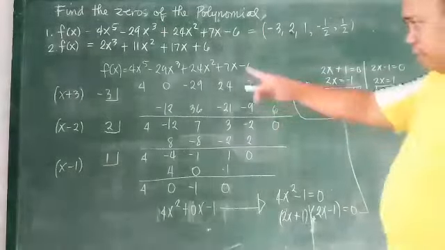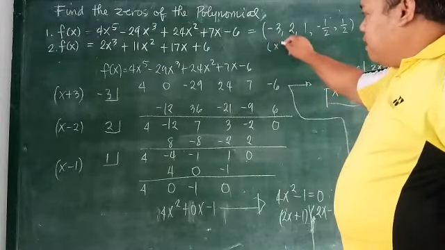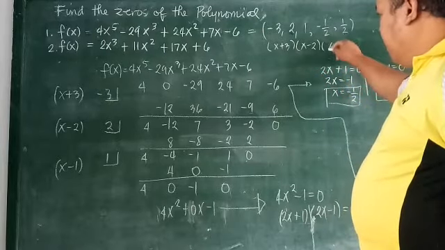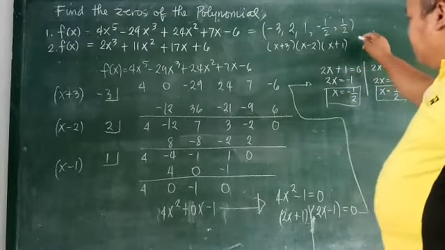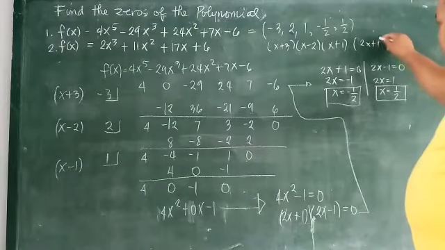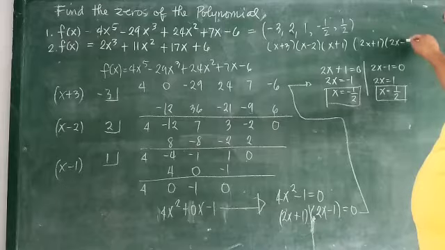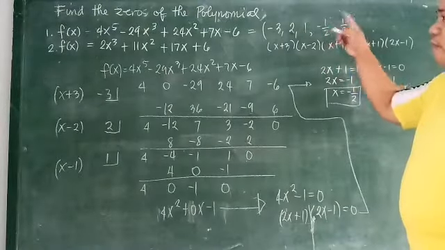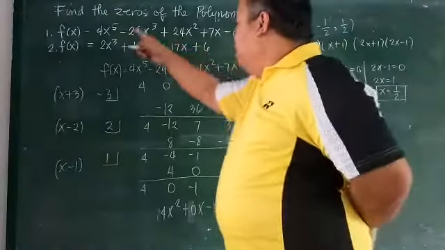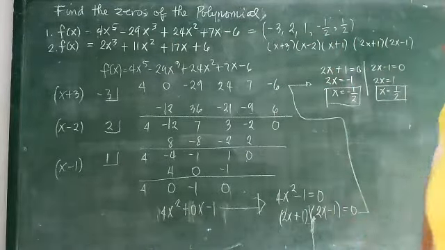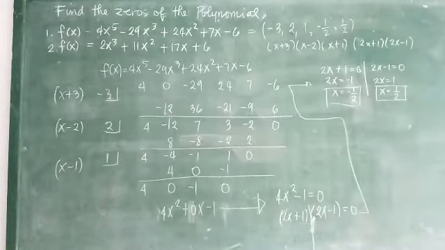The factors again: x plus 3, x minus 2, x minus 1, then 2x plus 1, 2x minus 1. See, ilang roots yan? 1, 2, 3, 4, 5. Kasi 5 ang highest exponent. Ilang factors? 5 din. 1, 2, 3, 4, 5.